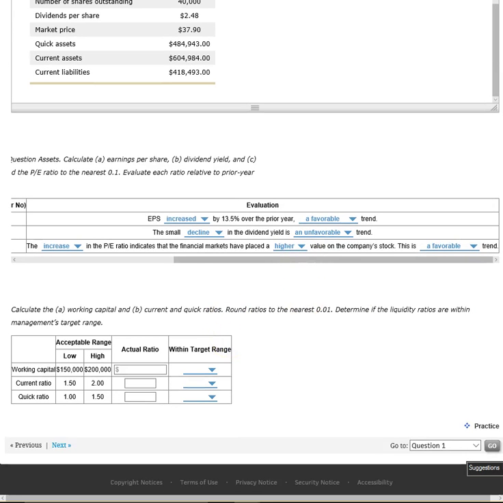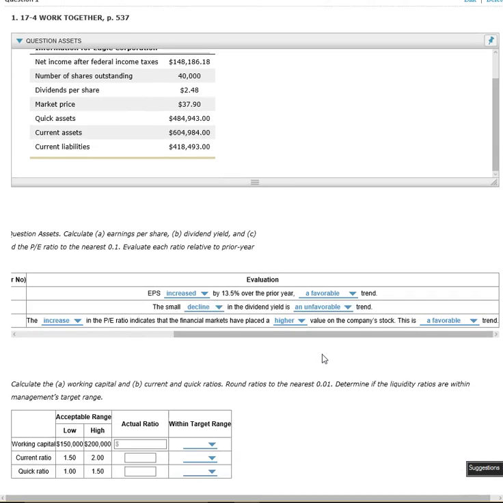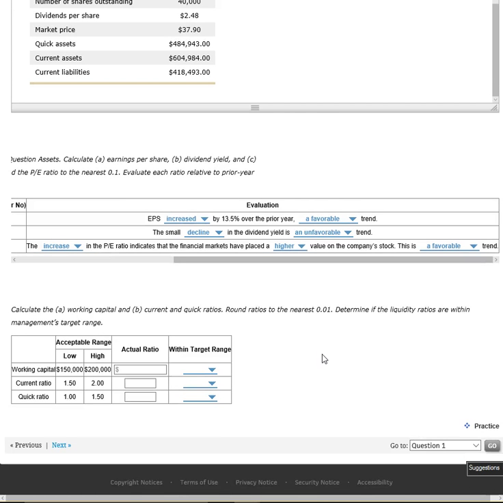All right, beautiful. Next it says calculate A, working capital, and B, current and quick ratios. Round ratios to nearest 0.01. Determine if the liquidity ratios are within management's target range. So first we have working capital. Okay, working capital is the current assets minus the current liabilities.